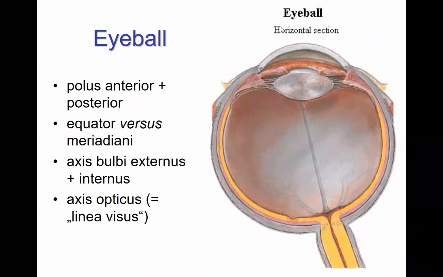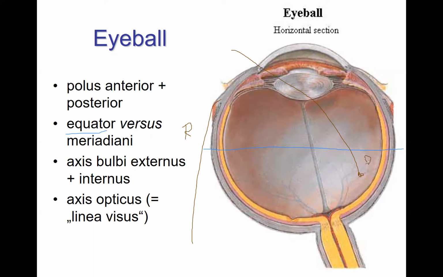Okay, then we have some other terms. Equator, and the equator is this one. And you may know that muscles which insert in front of equator are called recti muscles, muscles which insert behind are called oblique muscles.